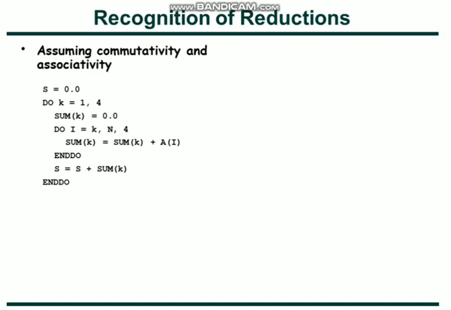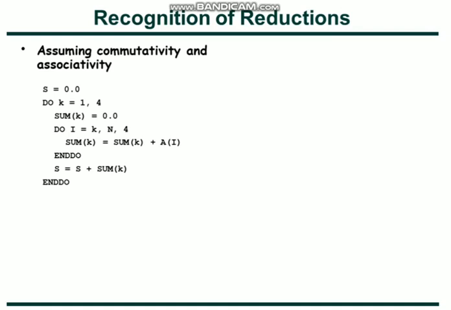Inside that you have the statement sum of k is equal to sum of k plus a of I. So the value of I will increase from k to n in steps of 4. What does it mean? The inner loop is adding a of 1, a of 5, a of 9, a of 13 like this in steps of 4, and the summation of all these results would be kept in sum of 1.